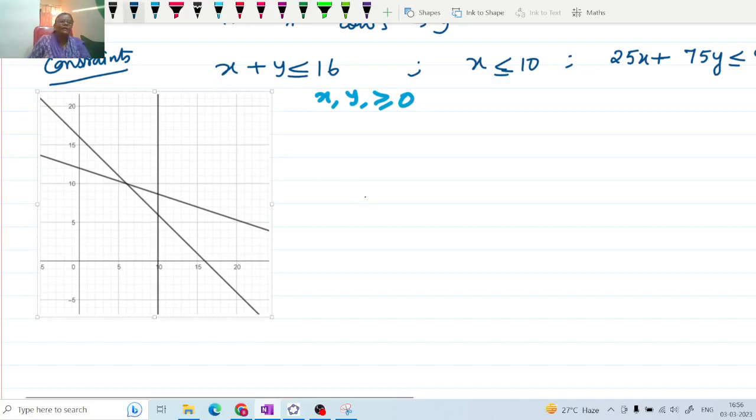So this line is x plus y is equal to 16. Now, which region will be x plus y less than or equal to 16? How do we take it up? Use any point of x and y. I'll prefer to go in for the origin. Put the value of x and y as 0, 0. So what do we read this inequality as? 0 plus 0 less than 16. It's a true statement. So shade the region which contains 0, 0.